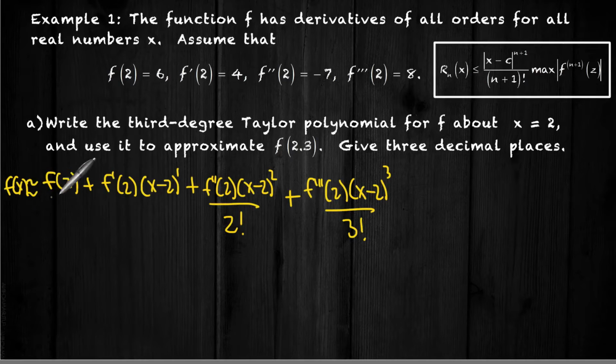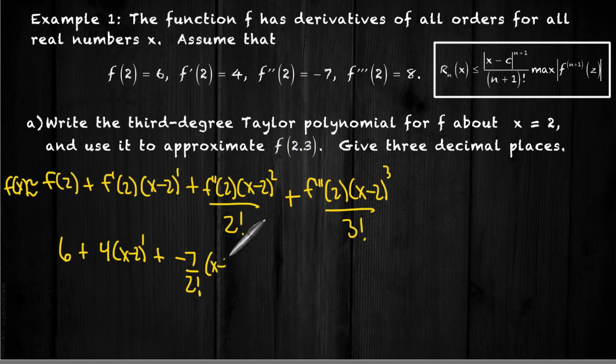And so we will now plug in f of 2, which is 6. We'll plug in f prime of 2, which is 4. We'll plug in our second derivative, which is negative 7 over 2 factorial times x minus 2 squared. And then we'll plug in our third derivative at 2, which is 8 over 3 factorial times x minus 2 cubed.